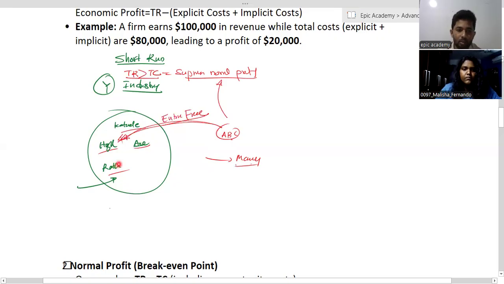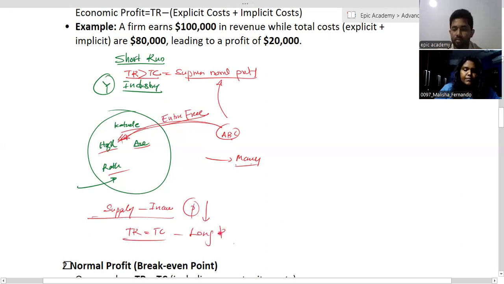What will happen to the supply? Supply increases. Then what happens to the price? Price decreases. So then TR becomes equal to TC in the long run, isn't it? Yes.